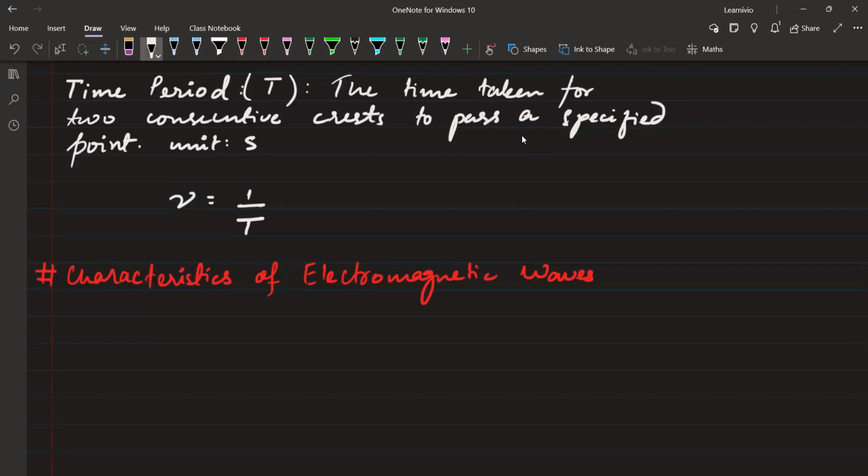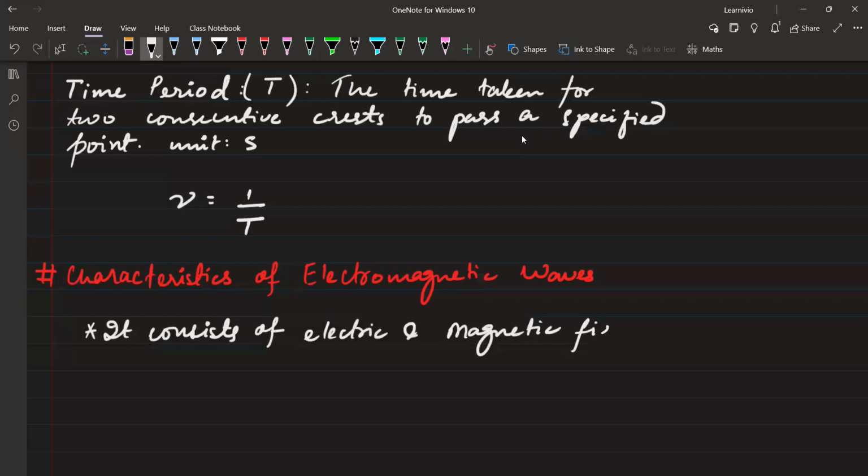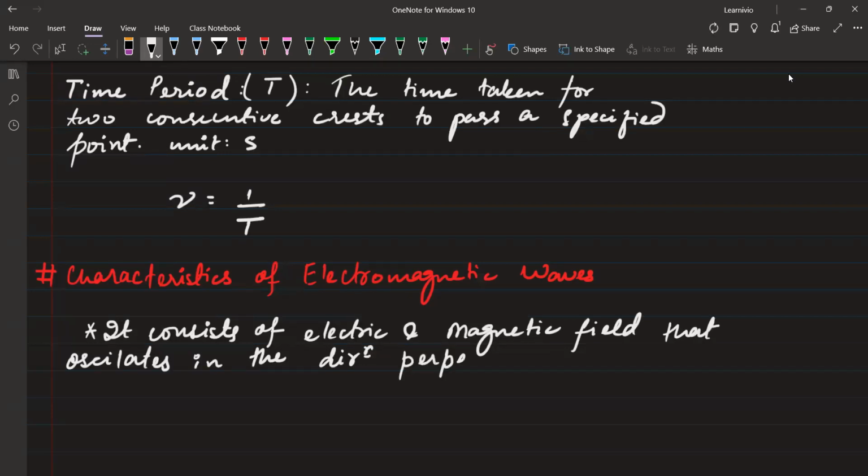It consists of electric and magnetic field that oscillates in the direction perpendicular to each other.